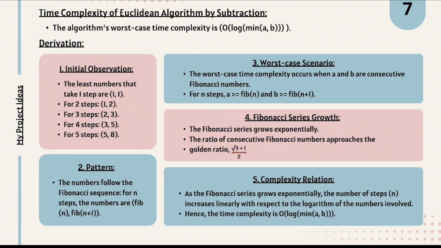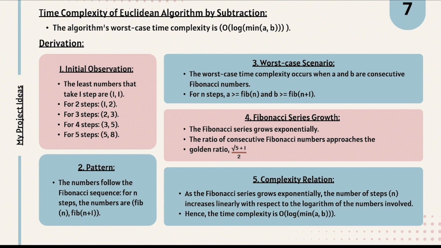Let's have a look at the derivation first. The pattern is it follows a Fibonacci sequence for n steps, so the numbers will be Fibonacci n and Fibonacci n plus 1. So this is the optimized version.